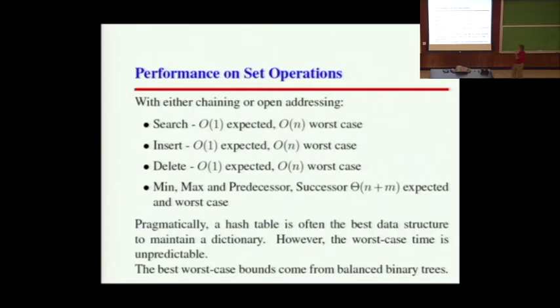So what do we say about the complexity of building this hash table? There are all these dictionary operations. If we have an m-element hash table, let's think about it.